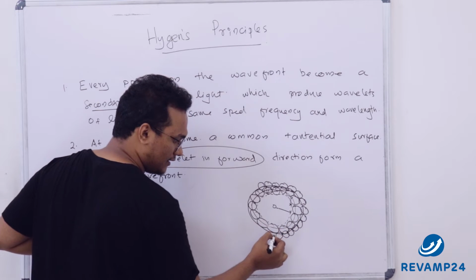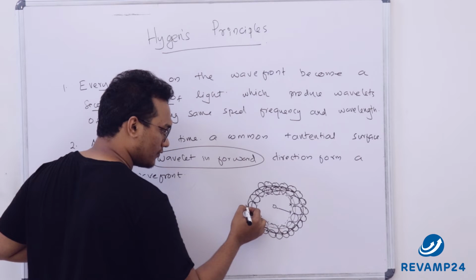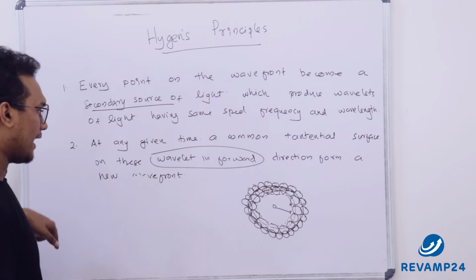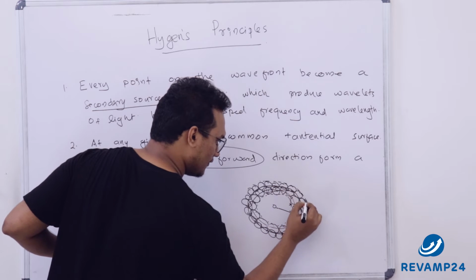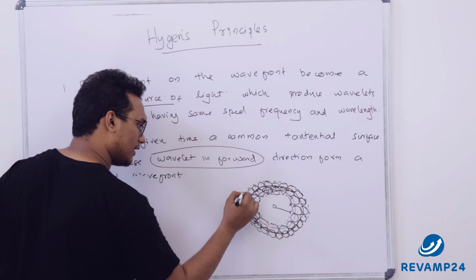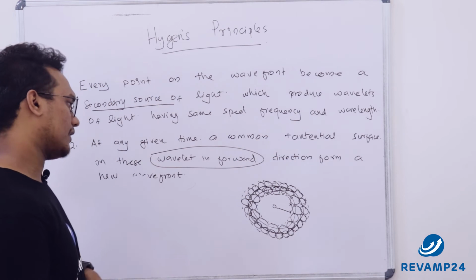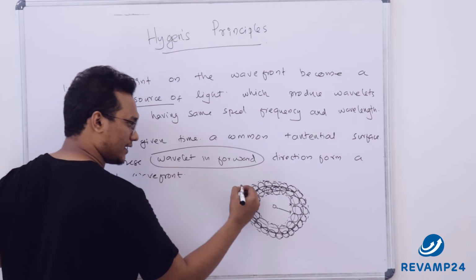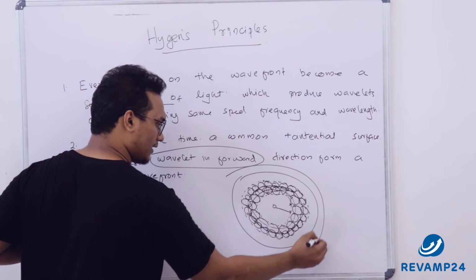Each point on the secondary wavefront will become a source of light, and that will send wavelets. Again, a common tangent to all the wavelets in the forward direction will form a new wavefront. See, from this wavefront, this is being generated. From this is being generated. Now from this will be generated. Now from this would be generated.